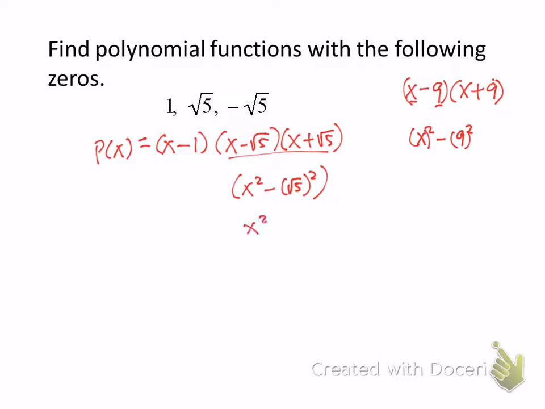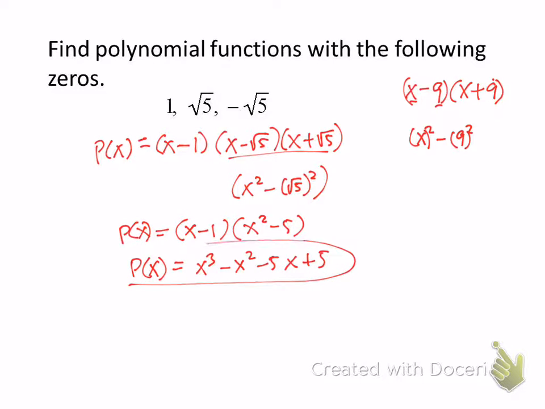So that'll be x squared minus 5 times x minus 1. And if you FOIL that, you get x cubed minus x squared minus 5x plus 5. Okay.